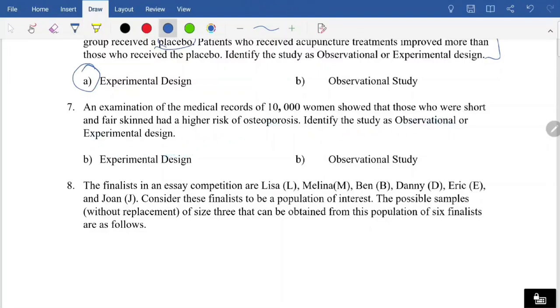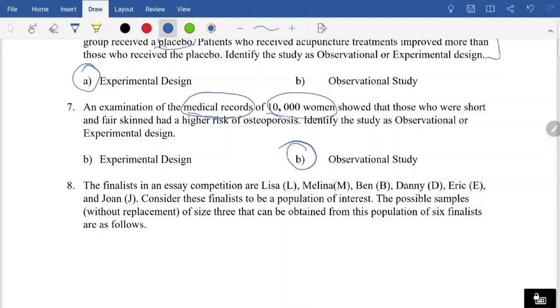Now, there's no groups here. There's just 10,000 women. Nobody even reached out to those women. They just examined their medical records and obtained the data from there. So this is a case of observational study.